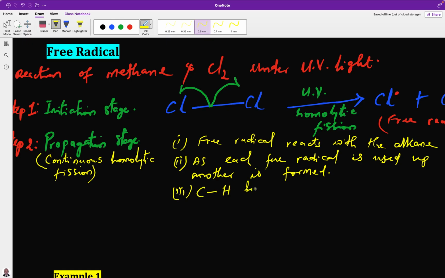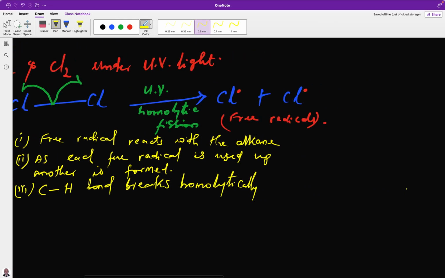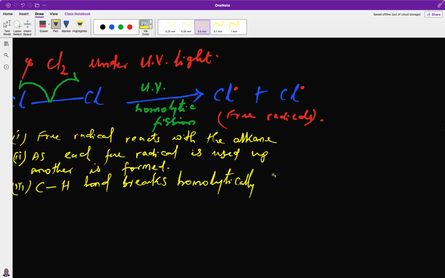CH bond breaks homolytically, forming what? Forming a methyl radical. This is a methyl radical.